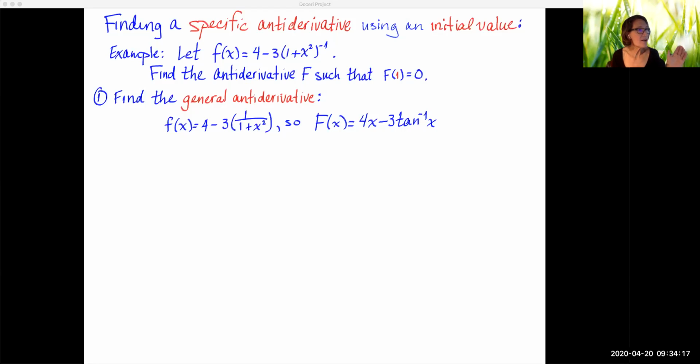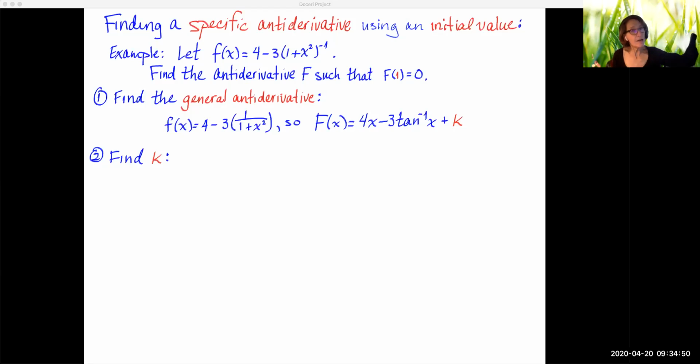If you rewrite (1 plus x squared) to the negative 1, you get 1 over 1 plus x squared, and that you should recognize as the derivative of the arctan. And then we have to add a constant. So capital F of x is 4x minus 3 arctan x plus k. And that's because if you differentiate, you will get the original little f of x.